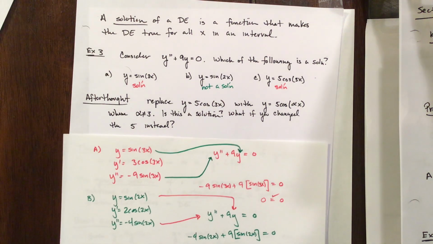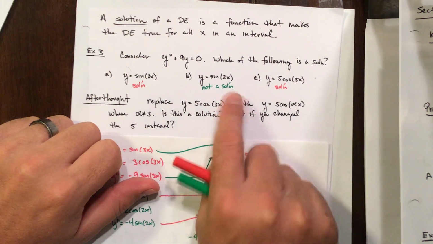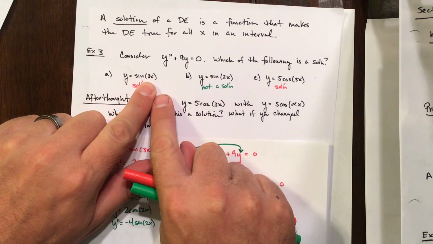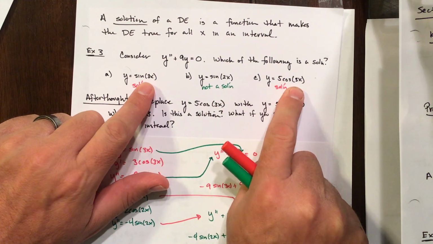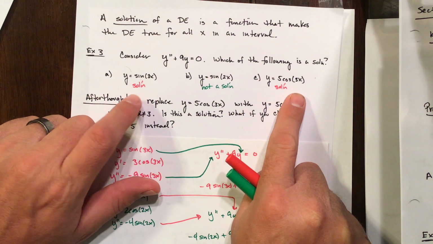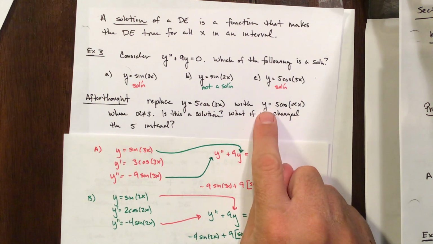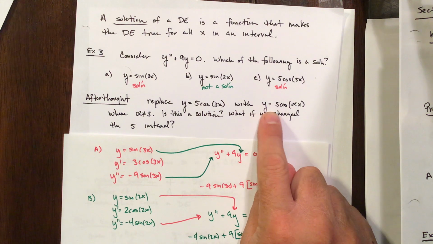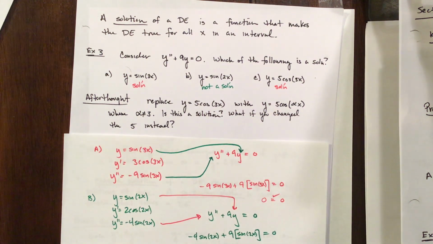As an afterthought, you might be thinking, well, this had an argument of 3x, this had an argument of 2x, this has an argument of 3x, and the ones that had an argument of 3x were both solutions. So what would happen if you looked at the equation y equals 5 times the cosine of alpha x, where alpha is not equal to 3?